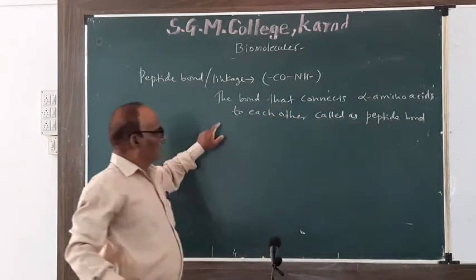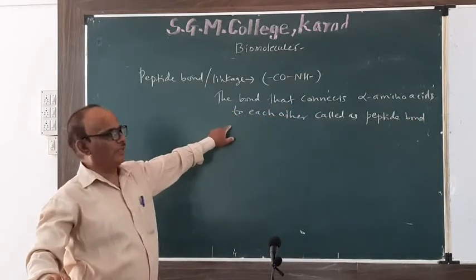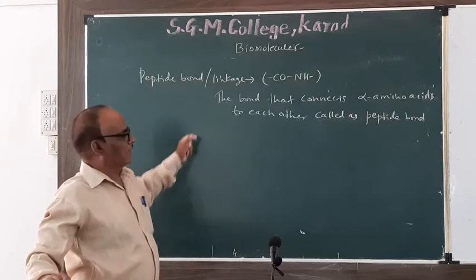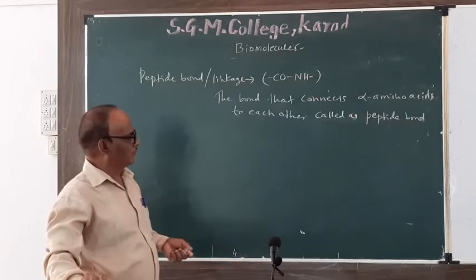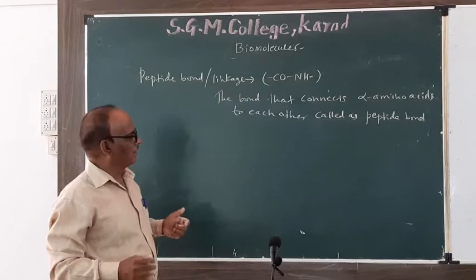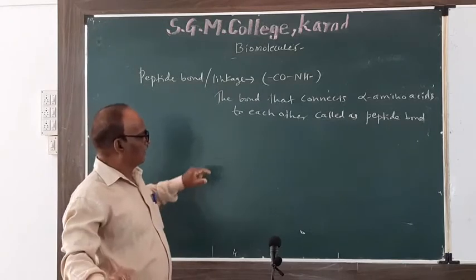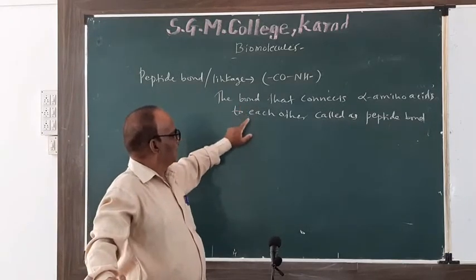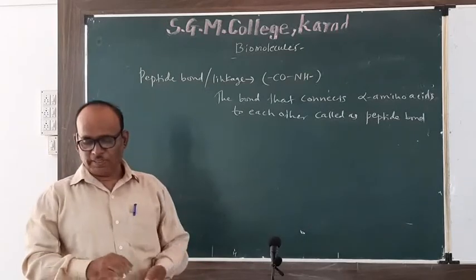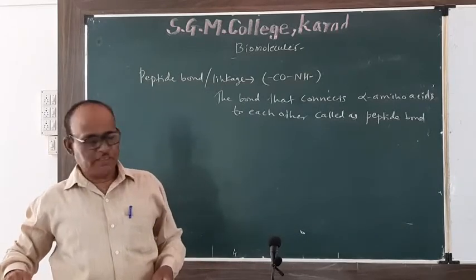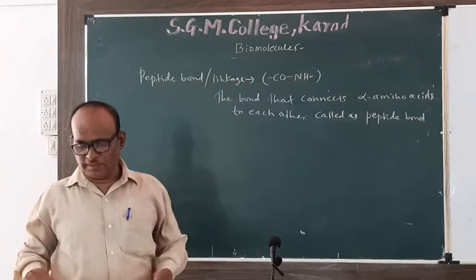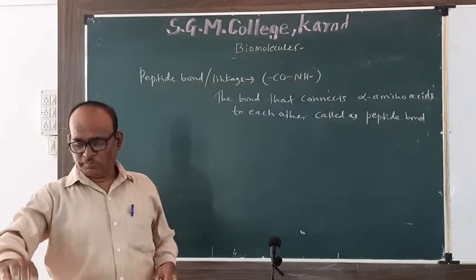Proteins are made up of alpha amino acids. So alpha amino acids are linked together, and that bond or linkage is called a peptide bond or peptide linkage. And this linkage is a CONH linkage present in proteins.